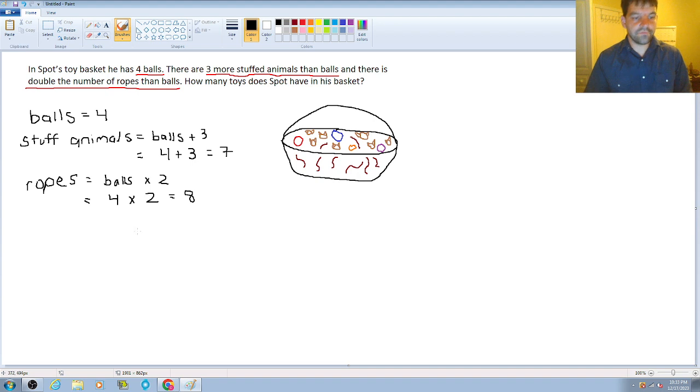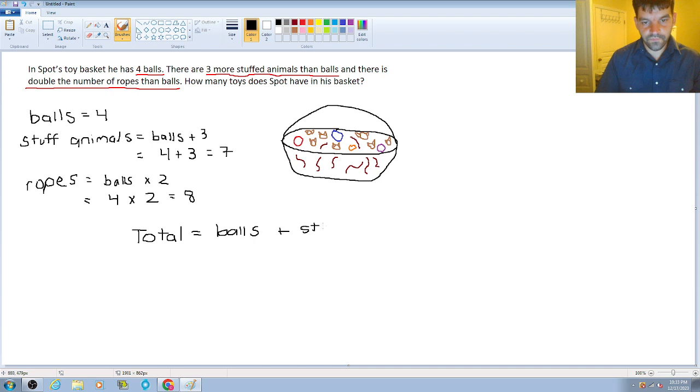So we have total, and then from a picture or verbal statement, the total is going to be balls plus stuffed animals plus ropes.